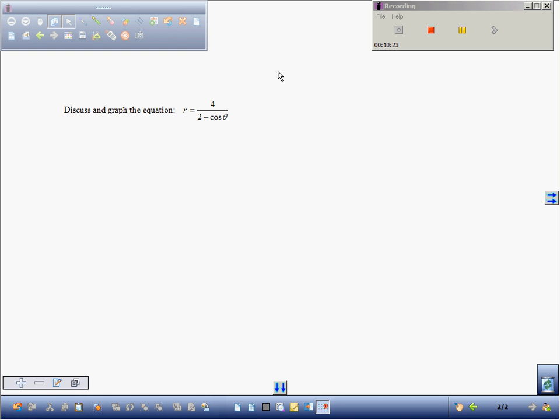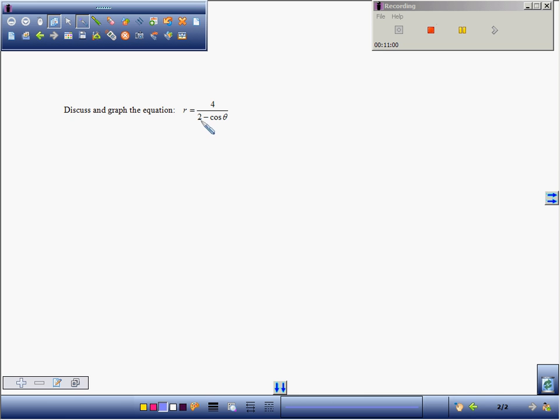So your first step is to determine what kind of shape this is. In those formulas that you have on your sheet, you want this number right here to be 1, because all of those formulas have a 1 right there. Do you see that? And the way that you do that is you divide everything by 2.